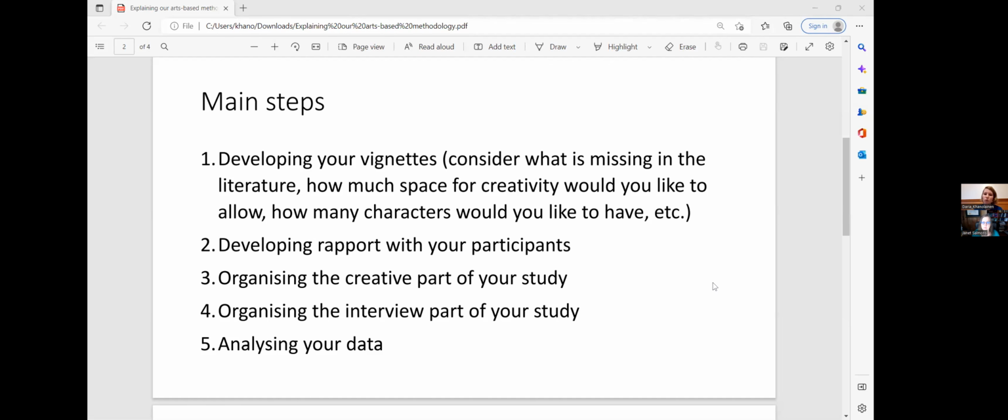And then you would also need to ask yourself, how many characters do I want to have? Giving some examples from my work, in one of our studies, we had multiple characters because we wanted to explore the different roles that people might have in a bullying situation, because we know that bullying is a group phenomenon.